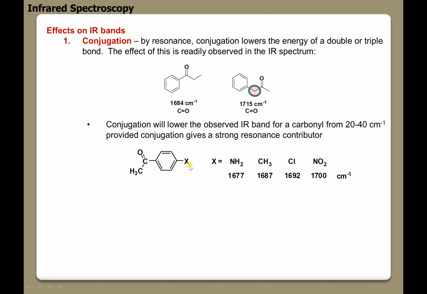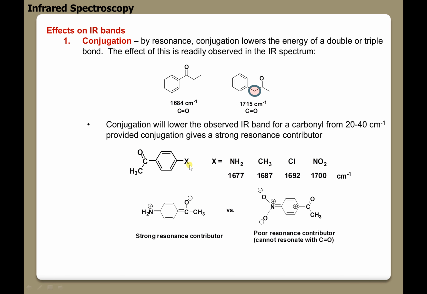But if it is breaking the resonance, that I can see there is no charge on the atom, it is not taking part in resonance, then I have compared here amino with nitro. Amino has very much been a part, even it has acquired a charge, and there is a good charge separation, so it is a strong resonance contributor, while this nitro has broken the resonance.